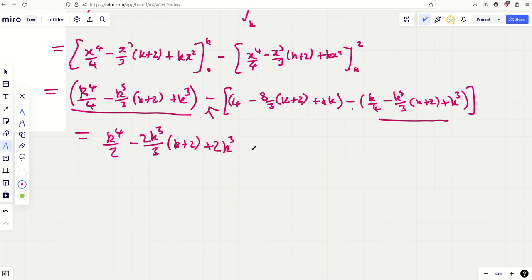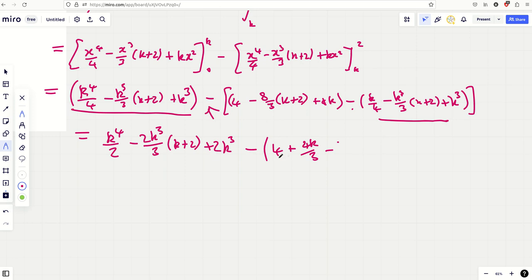Yeah, and then we've got this little, now let's actually simplify this. We're going to have 4, and then we're going to have minus 8/3 k. Oh, plus a 4k, well that's like 12k over 3, isn't it? And minus 8k over 3 plus 12k over 3 is going to be 4k over 3. Might as well simplify that now. Plus 4k over 3. And then we're going to have minus 16 over 3.